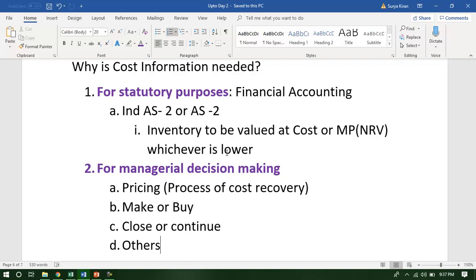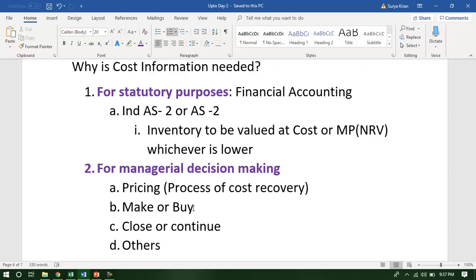So the managerial decision may be for the purpose of pricing, for make or buy decisions, for decisions regarding closing or continuing an operation, or any other relevant decisions, like are all products profitable or are all customers equally profitable.